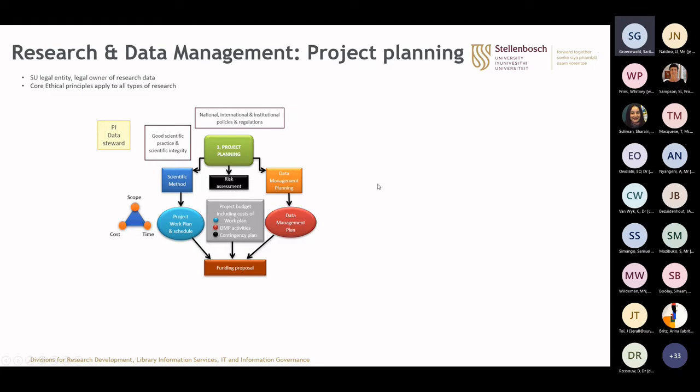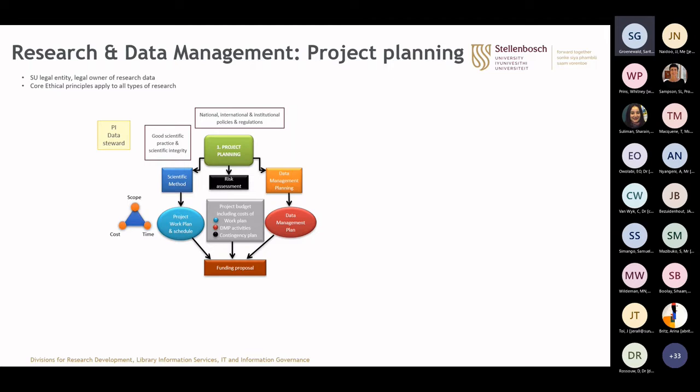You will also need to, at the same time, at this stage, already plan your data management, because in the end you need to have a data management plan before you can start a project, and this is required of all research projects at Stellenbosch University.